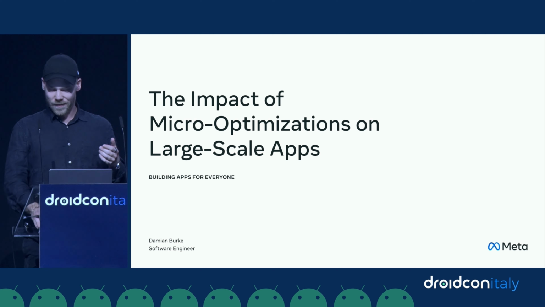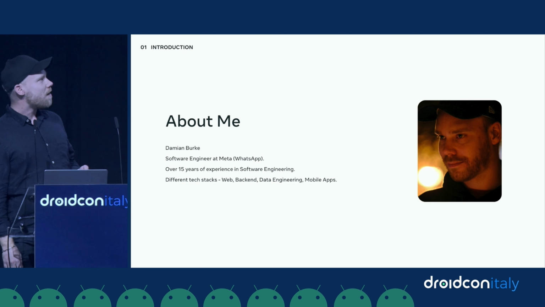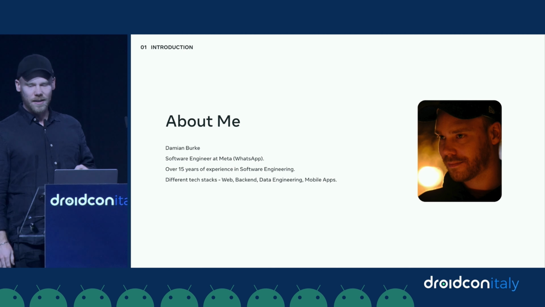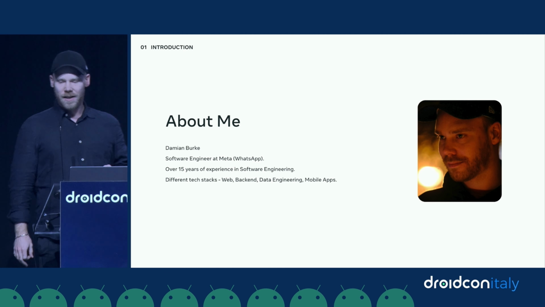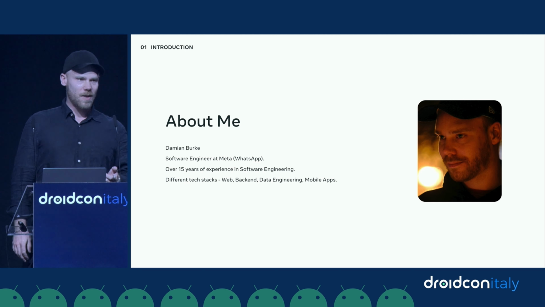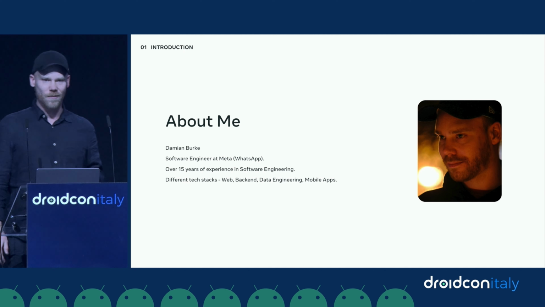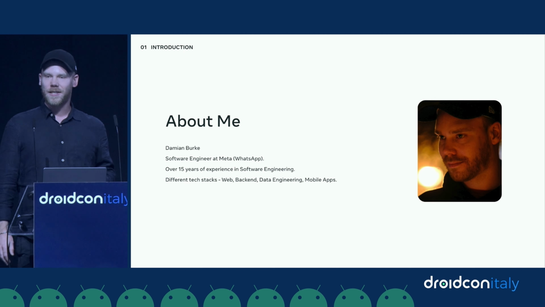So first, who am I? My name is Damien. I'm a software engineer. I work currently at Meta. I work on the WhatsApp product. And I'm based in Berlin, in Germany. So I work remotely because we don't have a lot of engineering in Germany. I have around probably like 15 years of experience in software.